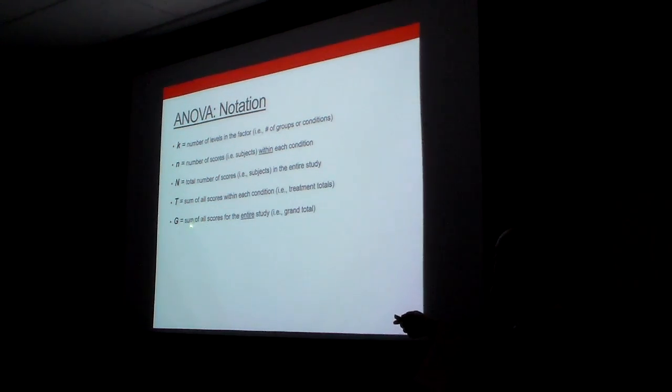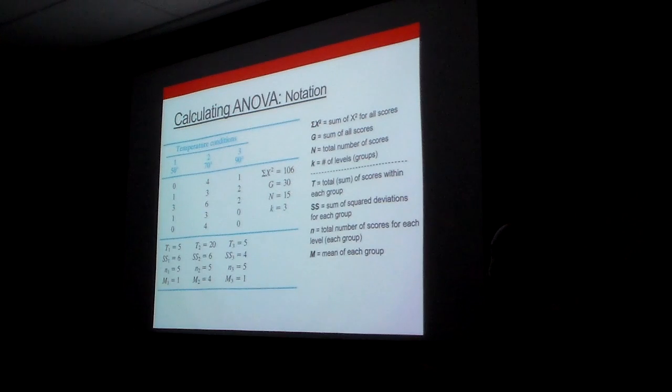And G is the sum of scores for the entire study, or the grand total. So this is the total of everybody within each condition, and this is the total of everybody in the whole study. This becomes important in thinking about how we calculate different pieces and parts. So if you take a look, this is just a reflection of what we have here.